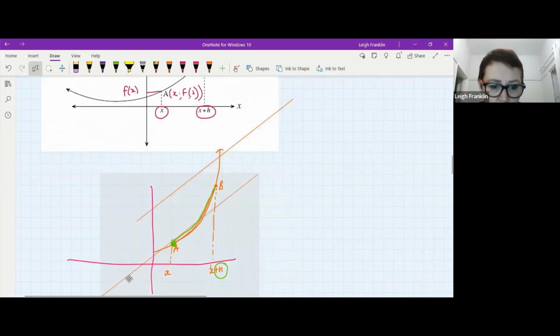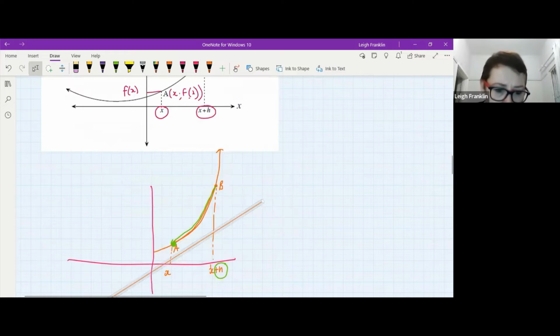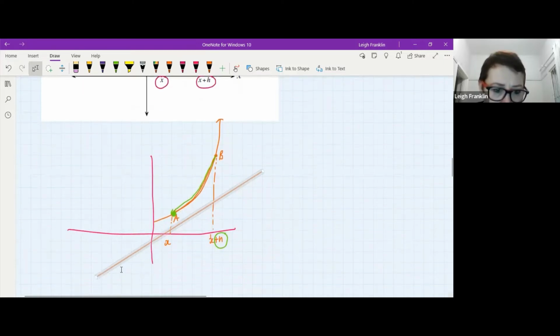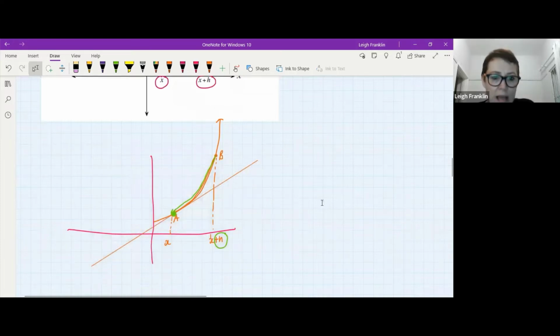We can work out the gradient at a point by drawing a tangent to the function at that point and then measuring the gradient of the tangent. That's actually what we are doing when we are measuring gradient at a point.